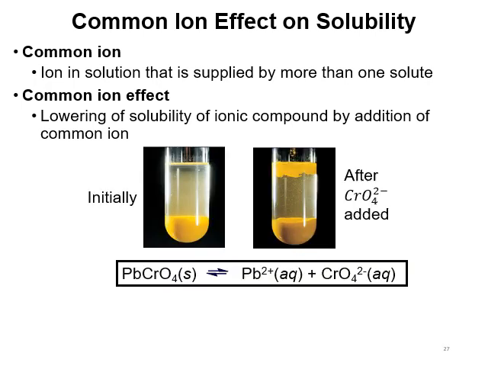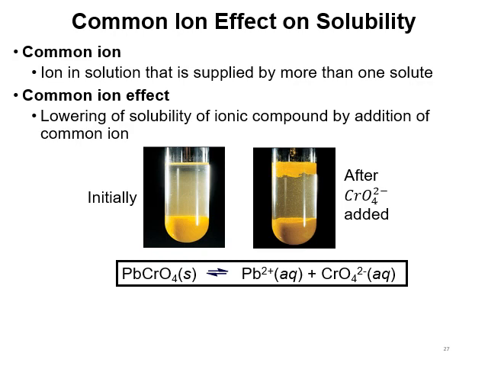So let's say I'm looking at another example now. In this case, there is an equilibrium in a saturated solution of lead chromate, which means that there's an equilibrium between the solid lead chromate and the ions, which is lead ions and chromate ions, right?